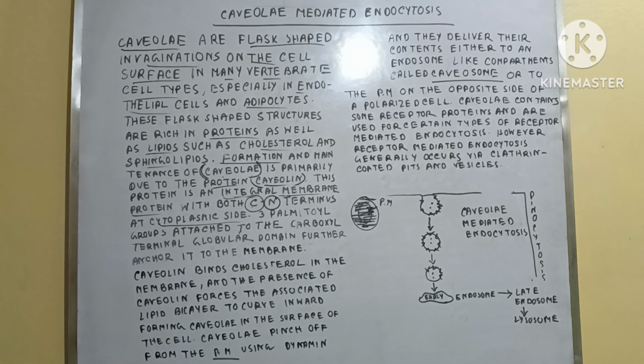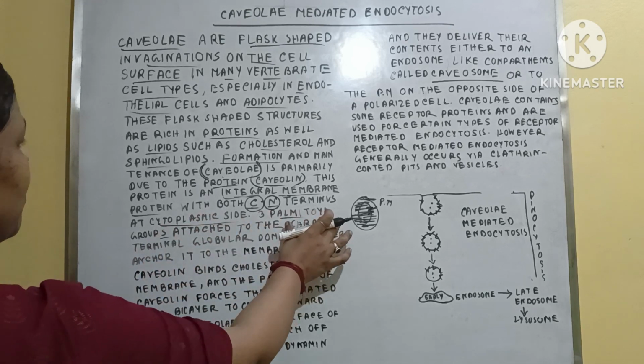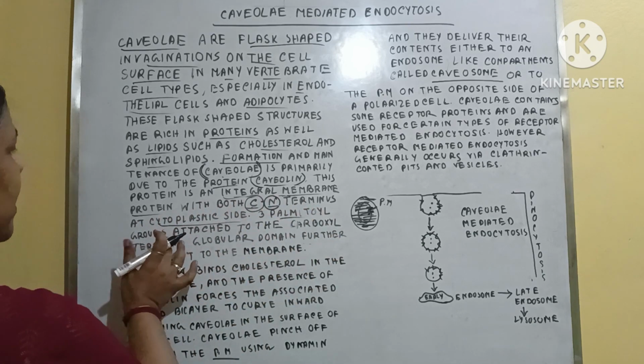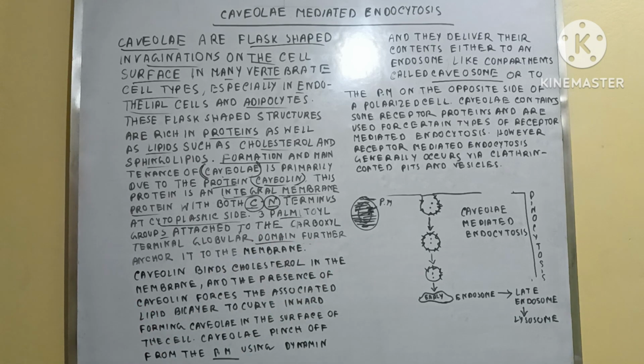Next, three palmitoyl groups attached to the carboxyl terminal globular domain further anchor it to the membrane. Not only the C and N terminal sites are present, but also three palmitoyl groups, attached to the carboxyl terminal globular domain.